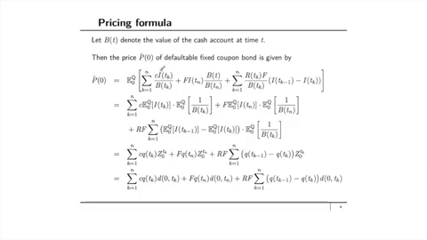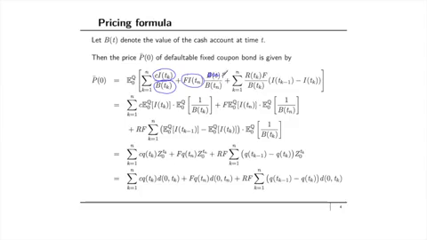So C times ITk is the random cash flow associated with the bond coupon payment. It occurs at time Tk, therefore it has to be discounted by the cash account at time Tk. F times ITn is going to be the random cash flow associated with the face value. It's going to have to be discounted by the cash account at time Tn.